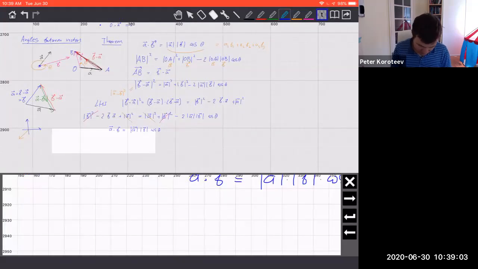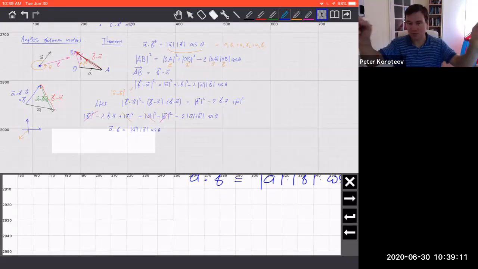So you can use this for the following calculation. Say you are given two vectors, A and B, with given components. So you can easily calculate its dot product. And you are asked, what is the angle between these two vectors? Well, now we know the answer.